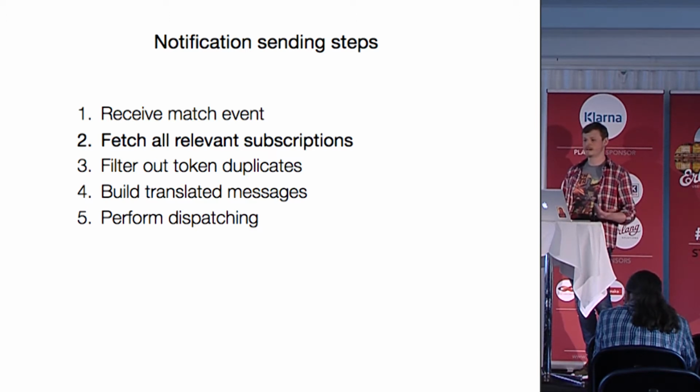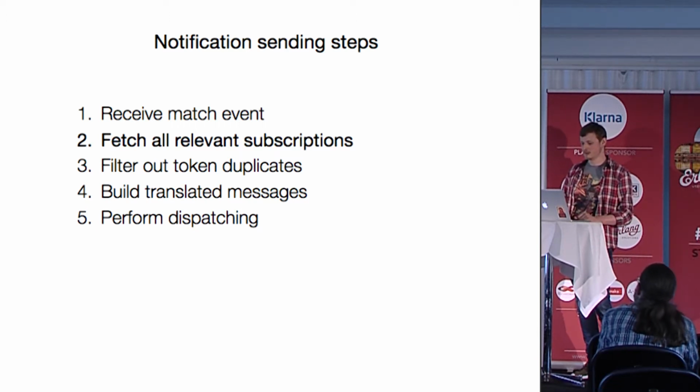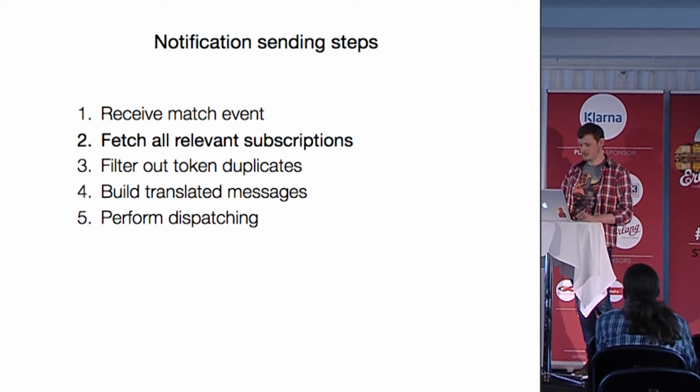And it's important that we fetch from the database all possible events, because only when we have everything on hand can we filter out duplicates and push this forward. Of course, then we build translated messages. This is another step. As you saw, we have language, because people like to see notifications in their own language, which is easier to understand. This is a feature.